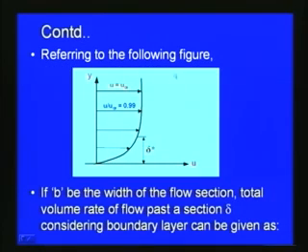If you consider this figure, this is the velocity variation for flow over a flat plate. u infinity is the free stream velocity, and u by u infinity is plotted versus y.